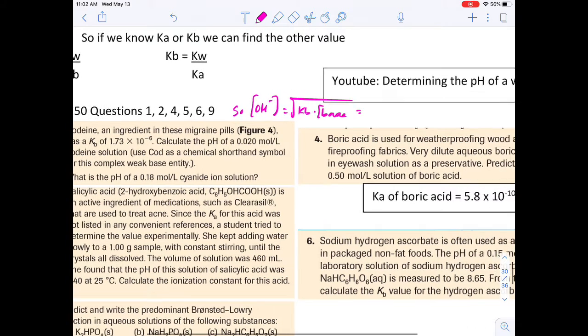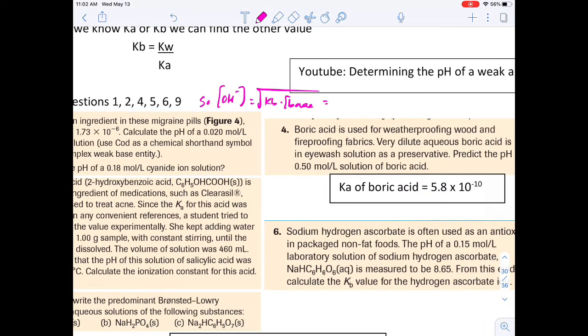And I want to make sure I'm sticking with the actual numbers that they're giving me. That sounds a little dumb when I say it out loud, but since they've given me the Kb and the concentration of the base, I can't just go backwards and start using a Ka directly. I want to use the Kb to get the hydroxides and then figure out the pH from there.